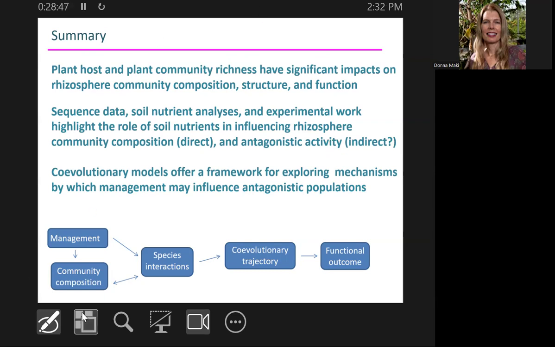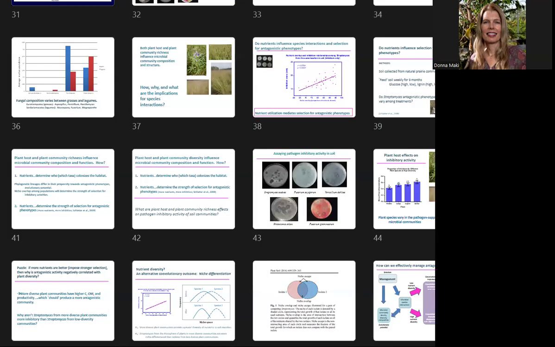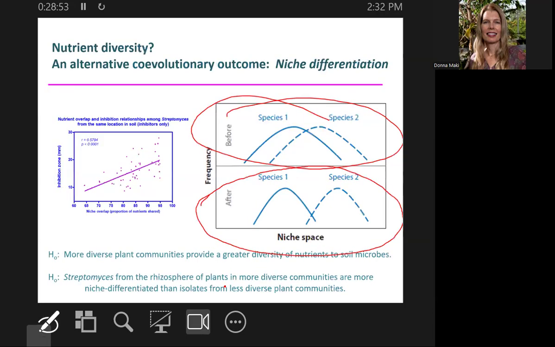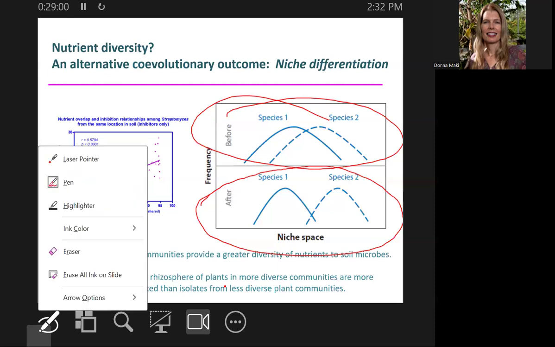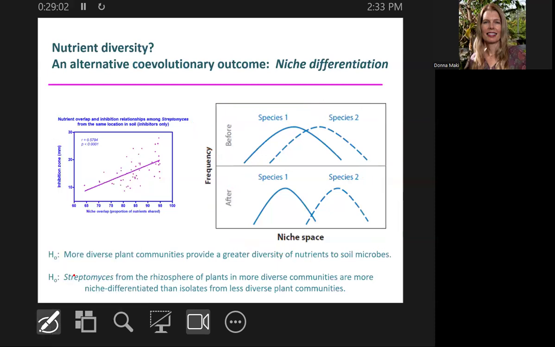Questions on that? So we've talked about niche partitioning, but I also wanted to introduce this idea of niche overlap, that you can tweak that, and under the right states, you can influence heavily how, in this case, biocontrol agents act.